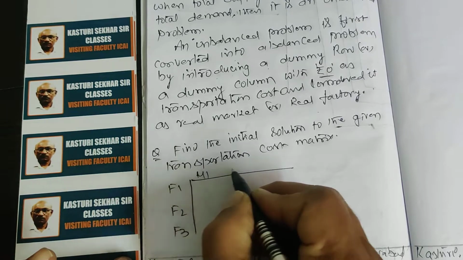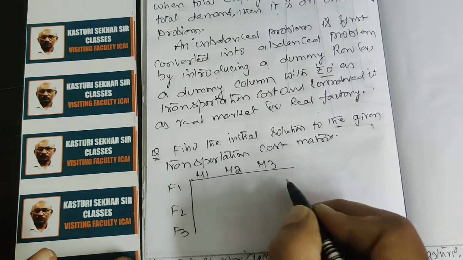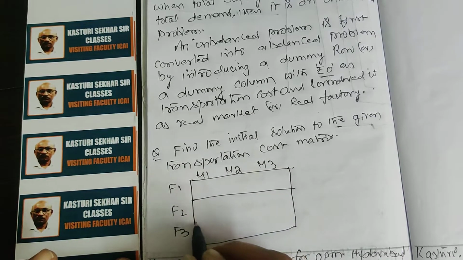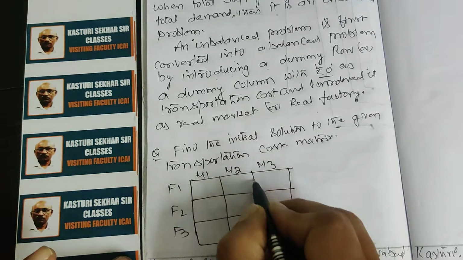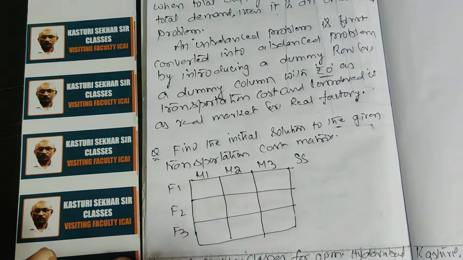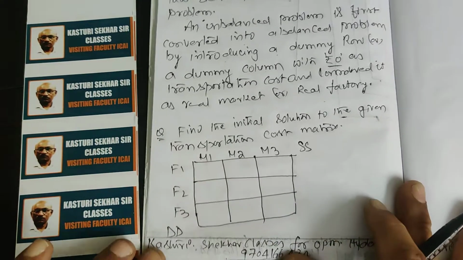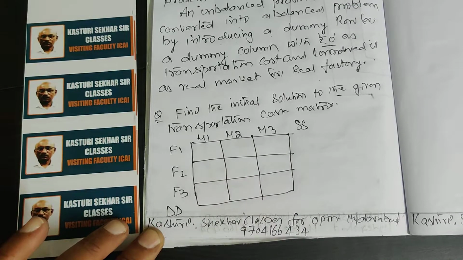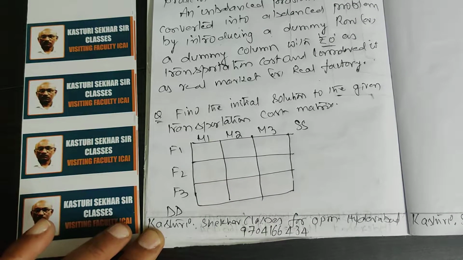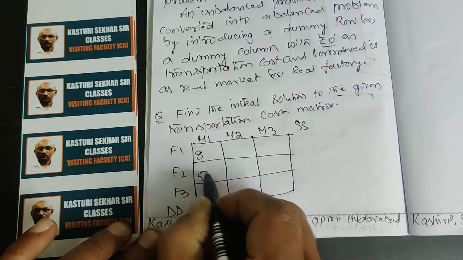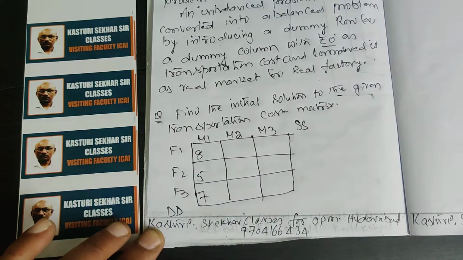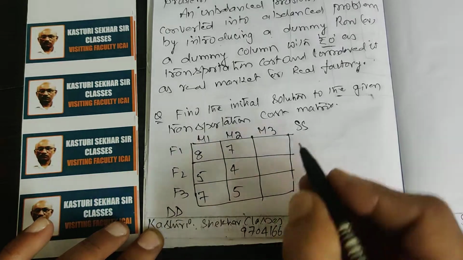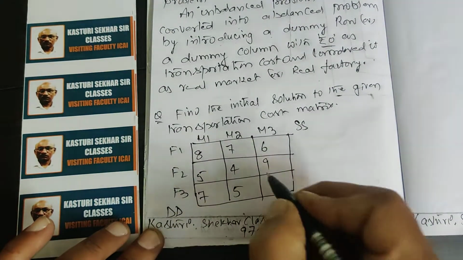Three markets are there. Supply and demand. Before going for supply and demand, let us consider per unit cost: 8 rupees, 5 rupees, 7 rupees, 7 rupees, 4 rupees, 5 rupees, 6 rupees, 9 rupees, and 5 rupees.